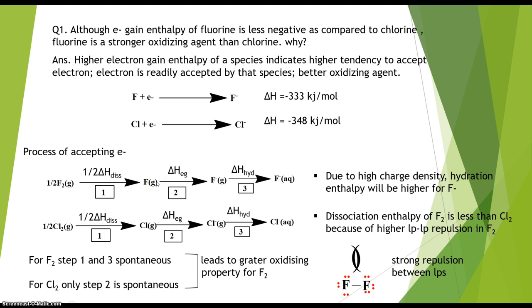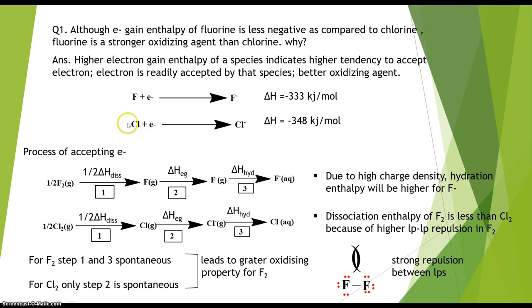Now let's discuss the second step. In the second step, fluorine and chlorine atoms are accepting one electron and converting into F minus and Cl minus. So in this process, what will be involved? Electron gain enthalpy will be involved. And as we have already discussed, the electron gain enthalpy of chlorine is much higher than that of fluorine.